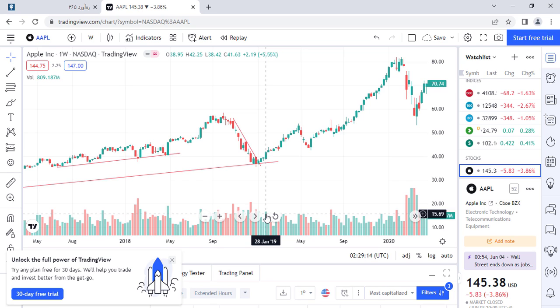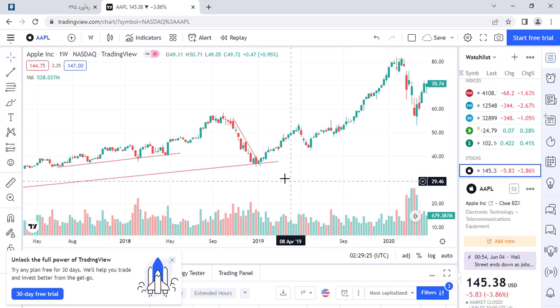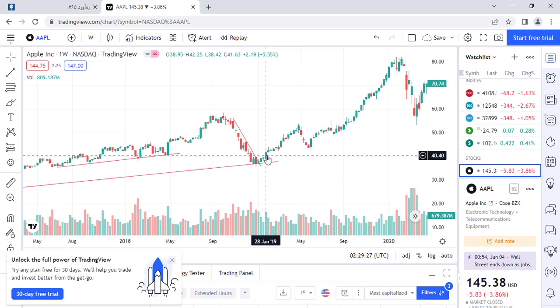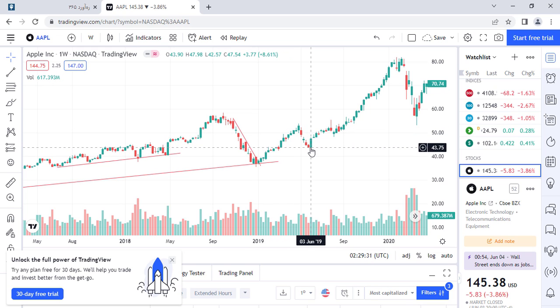I personally think this amount of volume, it's better to have more volume of tradings, and the upward trend has started.